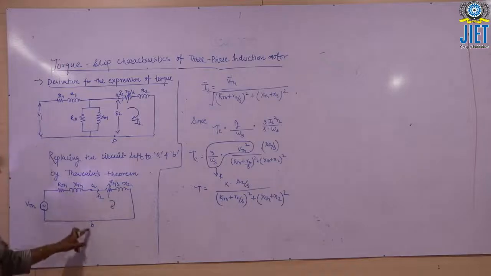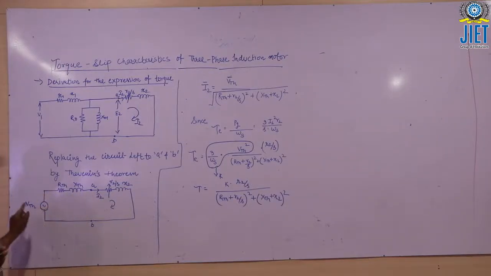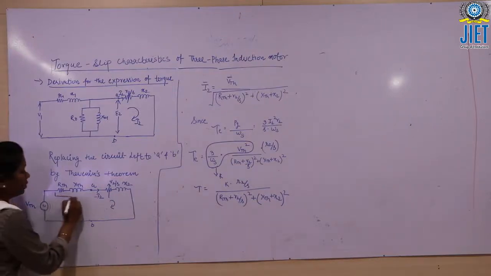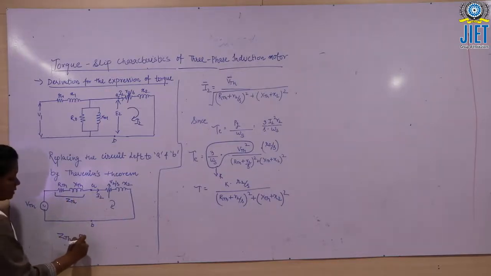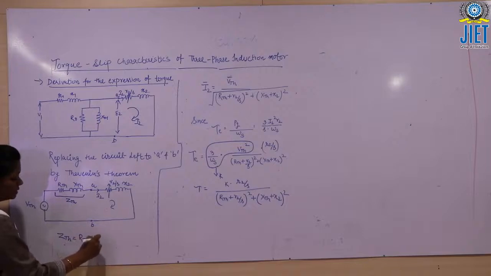So across A and B, the circuit to the left is replaced by an equivalent voltage source VTH, and this combined impedance is known as ZTH. So ZTH is basically RTH plus jXTH.